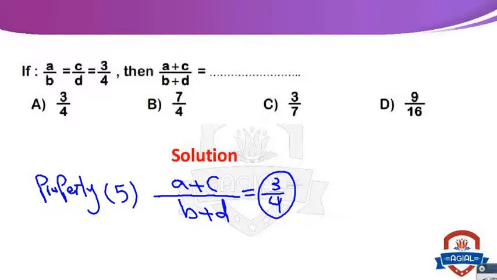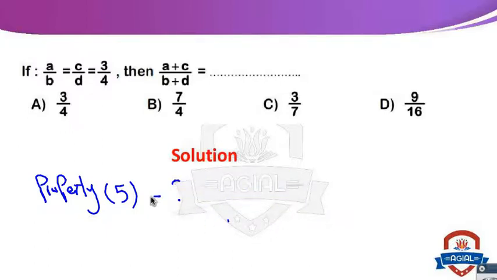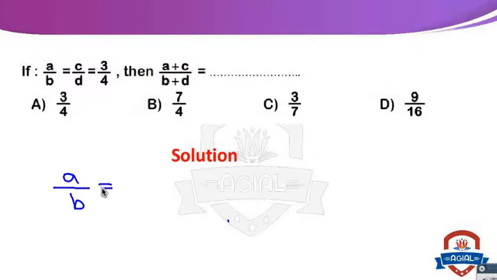Or another solution. A over B equals C over D equals 3 over 4.